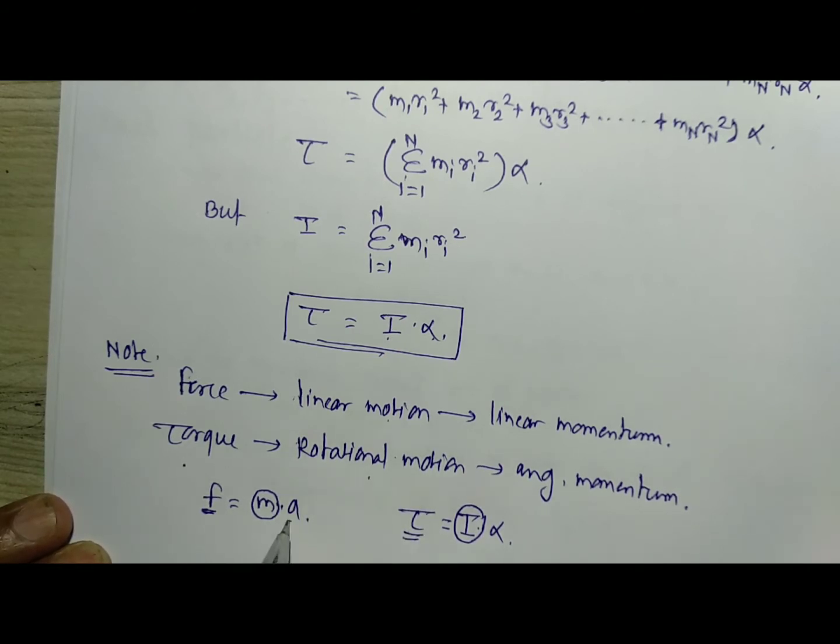Here a is linear acceleration and alpha is angular acceleration. That means these two quantities are very analogous to each other, and this is the consideration related to torque in the form of angular moment of inertia.